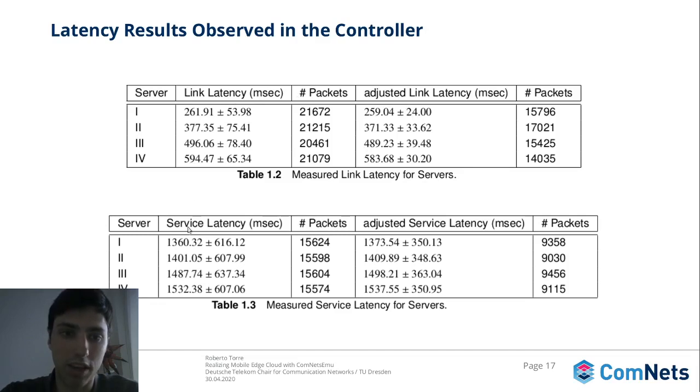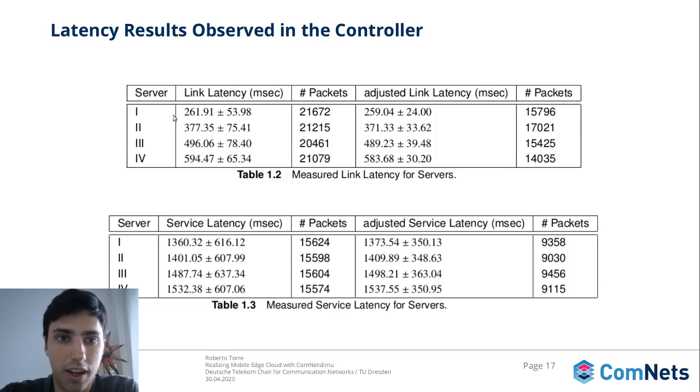So, for example, in the service latency, those that were less than 1,000 and more than 2,500. What we get here is around 60 to 70% of the packets inside this standard deviation, which is more or less the percentage of packets that will stay in a normal distribution. So that lets us know that the distribution of this latency is normal.